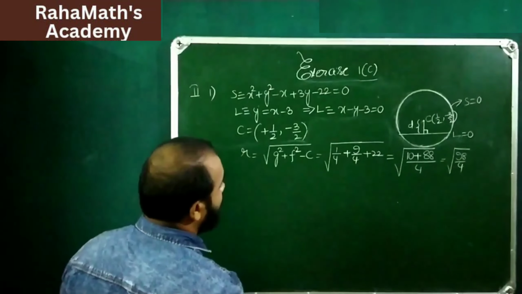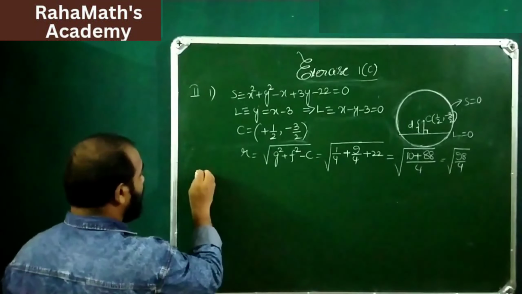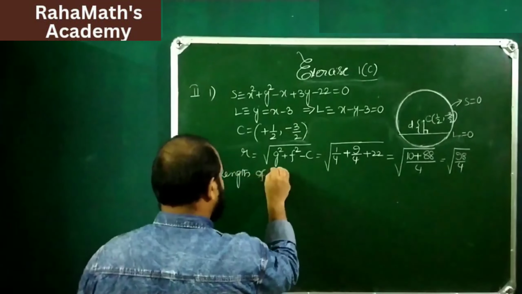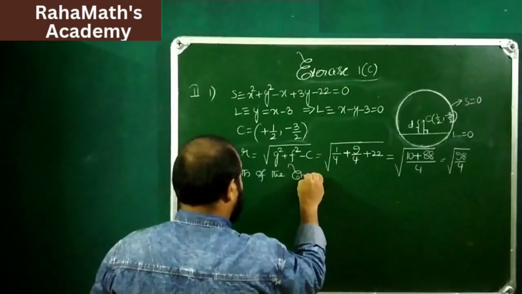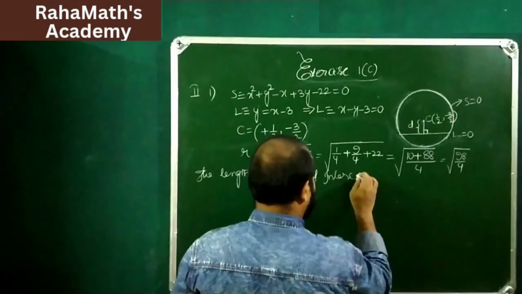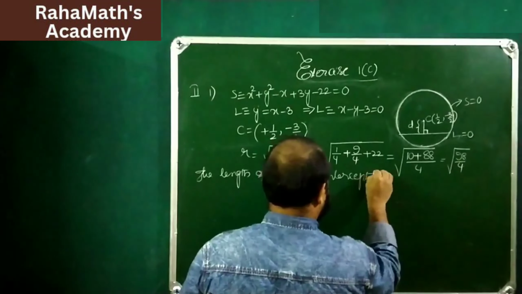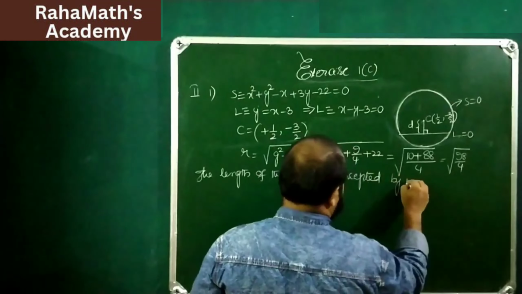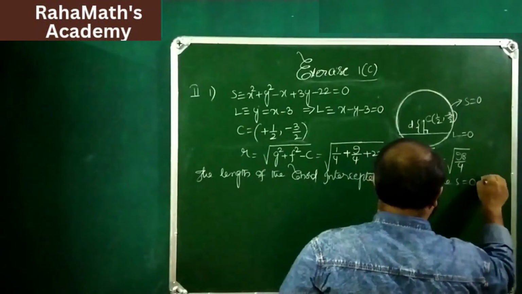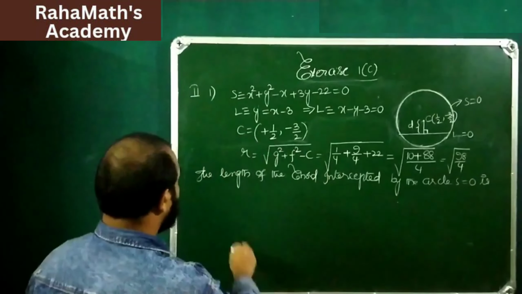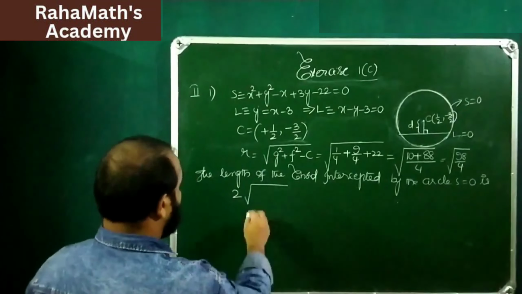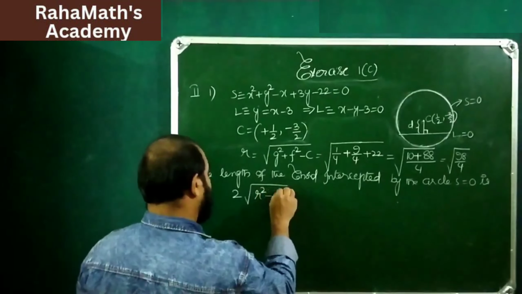Okay. And so what is the length of the chord intercepted by the circle S equals 0? It is 2 root of r square minus d square.